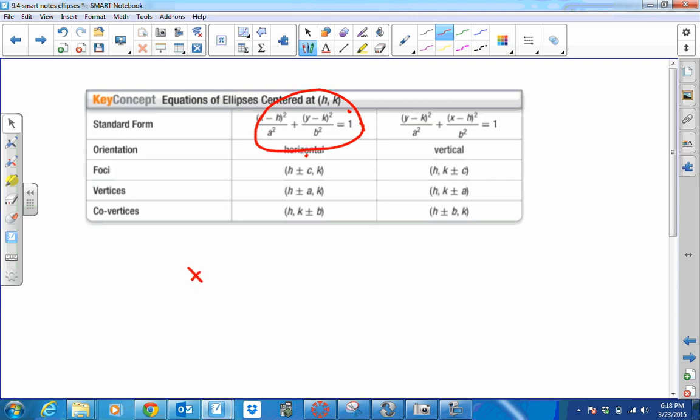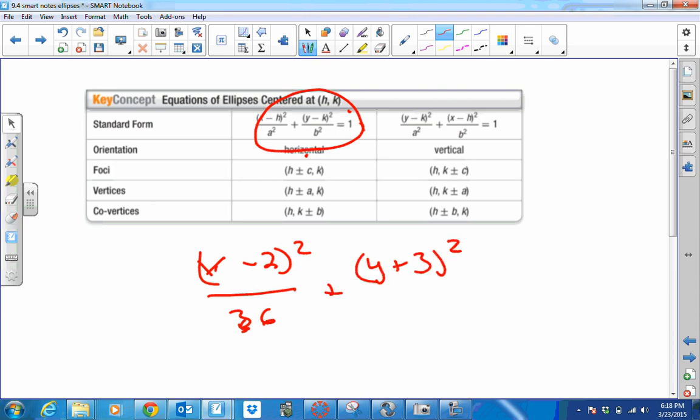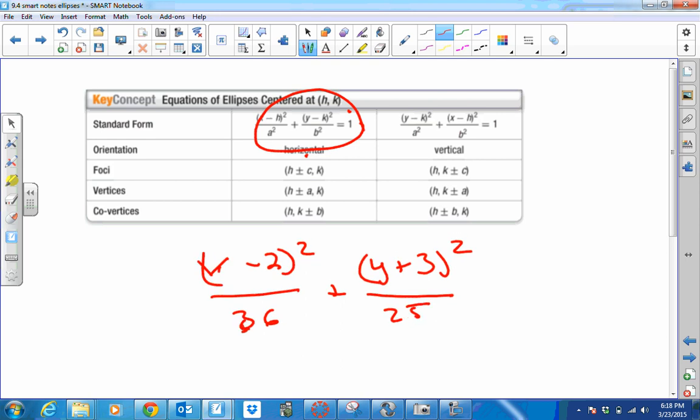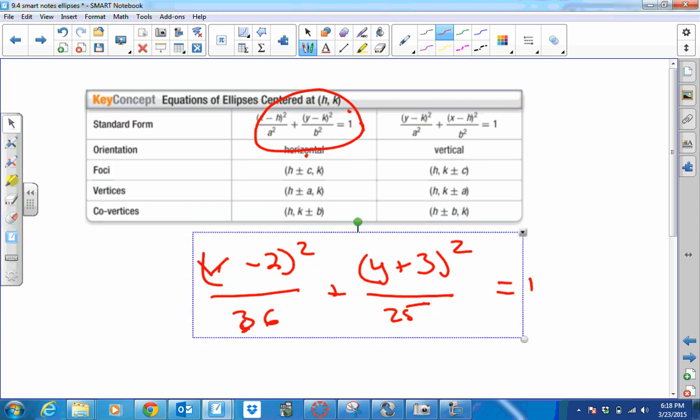If I had x minus 2, the quantity squared, over 36, plus y plus 3 squared over 25, equaling 1, this would be the equation of the ellipse.